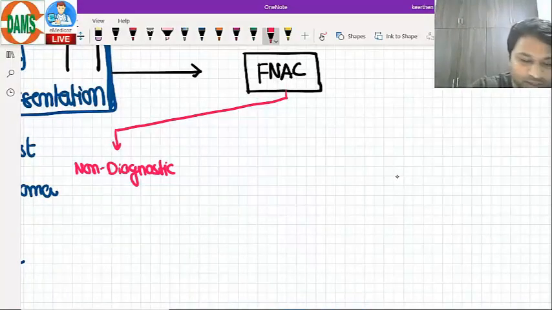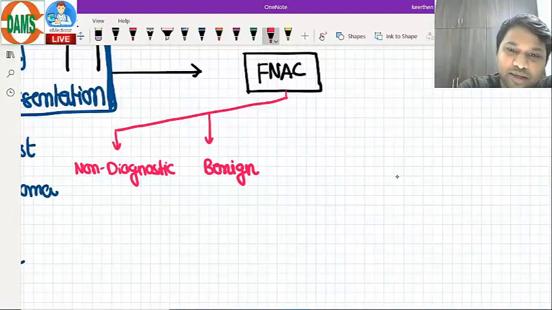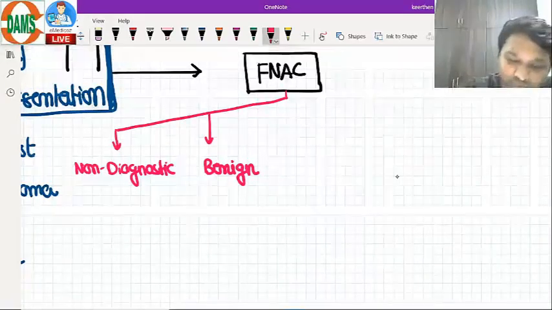Another possibility is that the report can come as an absolutely benign condition, right?